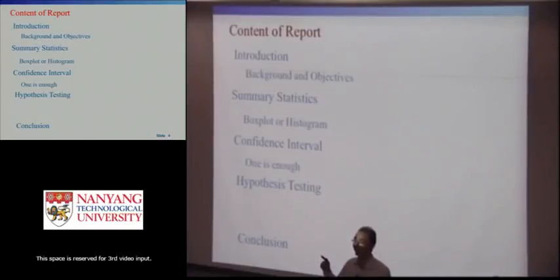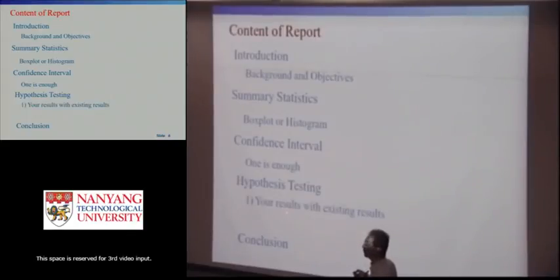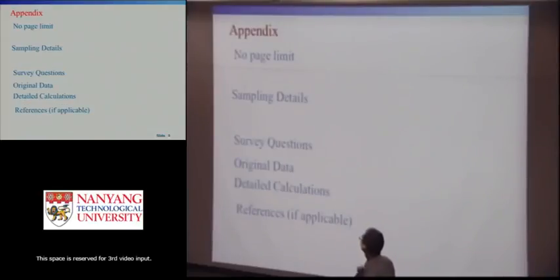One is enough, at most 2. Then the hypothesis test. If you have a result and there is another survey result, compare your result with the existing result. Otherwise, you need to divide your survey questions into 2 groups. For example, how about boys, how about girls? Then you can compare the difference between them, then the conclusion.